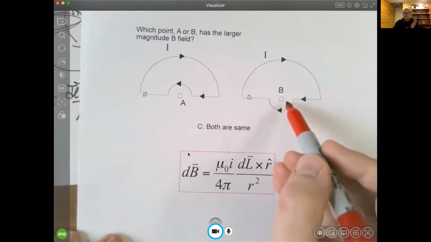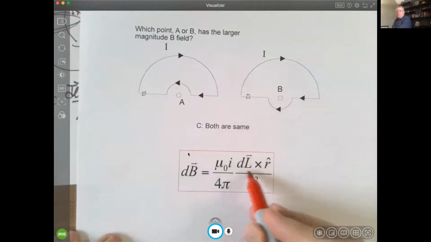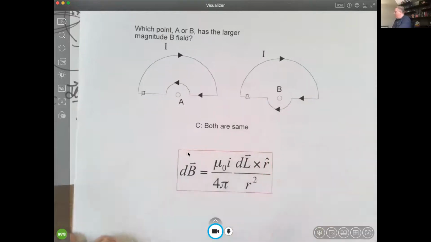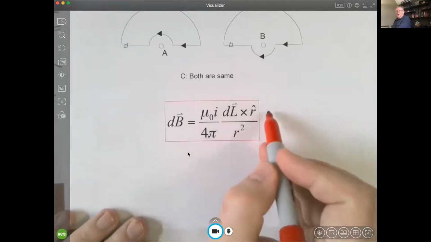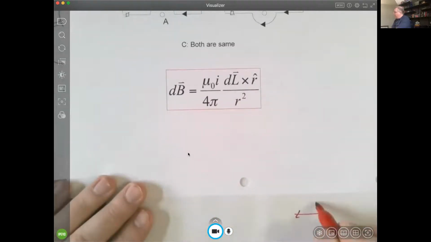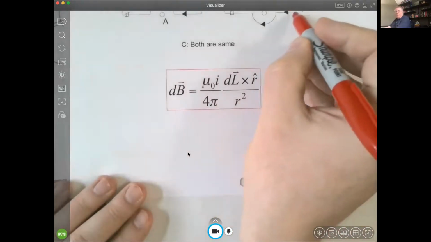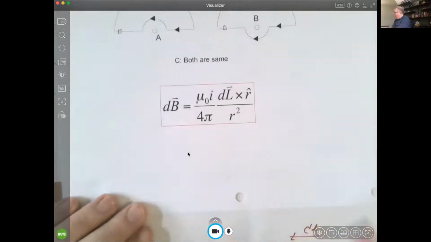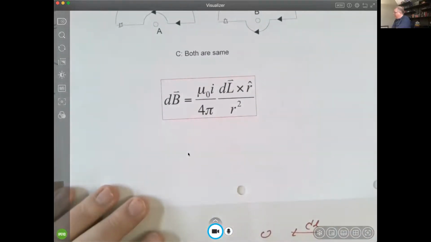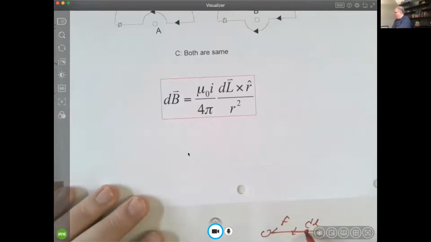Yeah, you're absolutely right. So it's this part right here, right? This is my little section dL. Let's say I'm looking at this wire here, and this is the place I'm looking at. Then this is my r vector, from here to here.